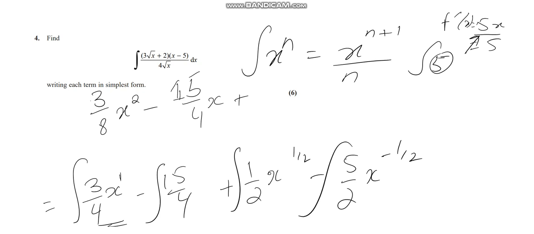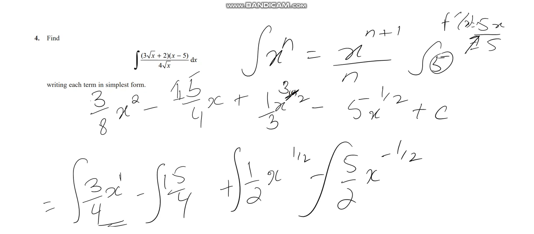If I add 1 to the power, x to the half becomes x to the power 3 upon 2, and half divided by 3 upon 2 becomes a third. And the last one: minus 5 upon 2 x to the minus half, adding 1 gives a half, so 5 upon 2 divided by a half becomes 5 itself, so that's minus 5x to the power half, and then we have to add a c.